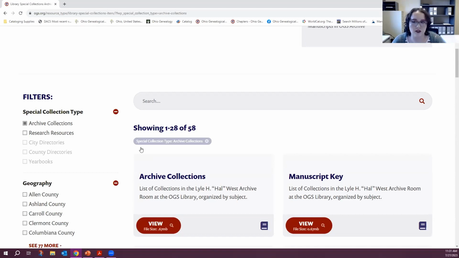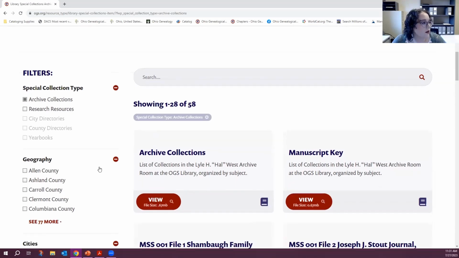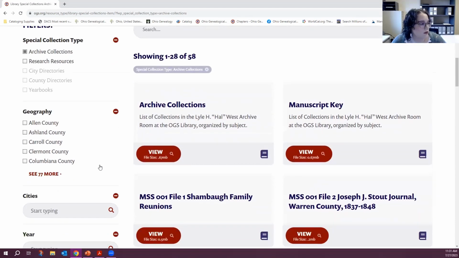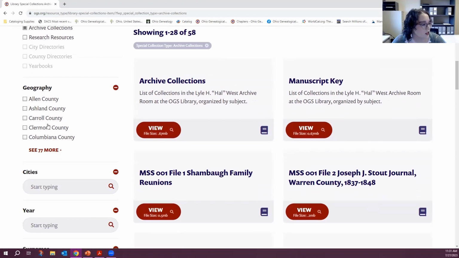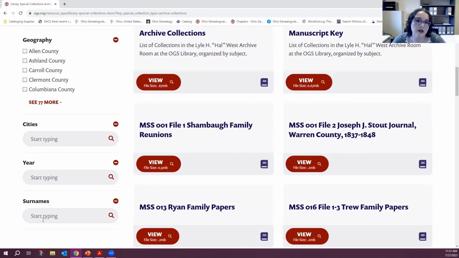If you want to start with ones that have already been documented and described, you can start here. So a couple of ways you can get in. So primarily with finding aids, we are filtering them by geography or by surnames. So these are either major counties in Ohio that a collection documents or major surnames that a collection has.